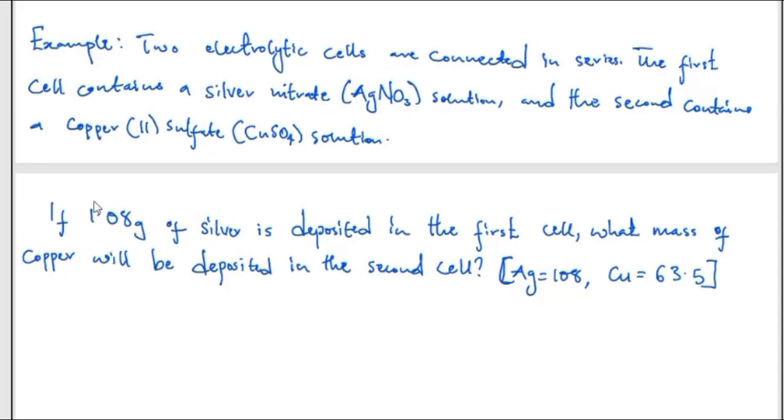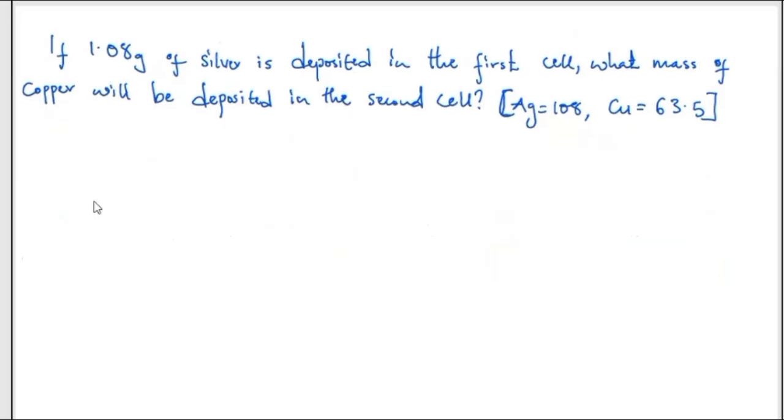They say 2 electrolytic cells are connected in series. The first cell contains silver nitrate solution and the second contains copper 2. So the charge on this copper is 2, while the charge of silver here is +1. If 1.08 gram of silver is deposited, so solution, we want to write our data.